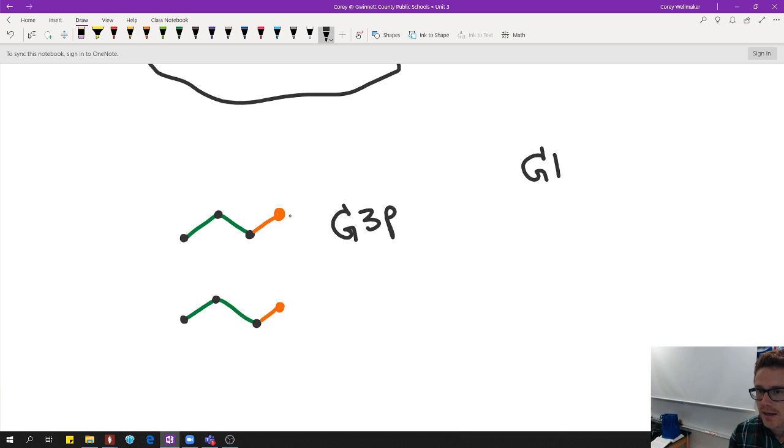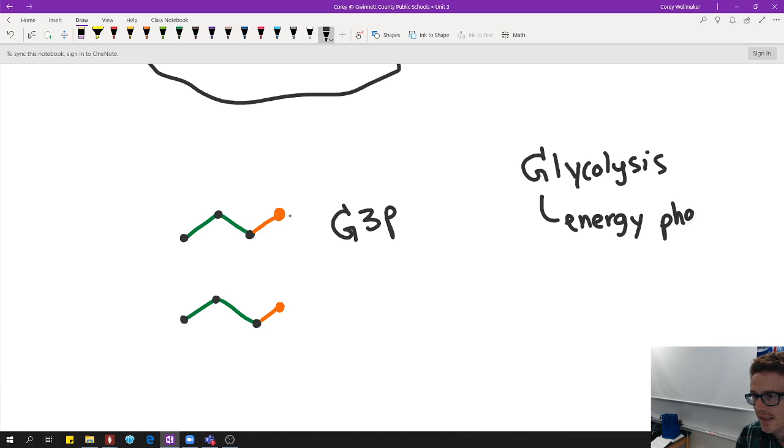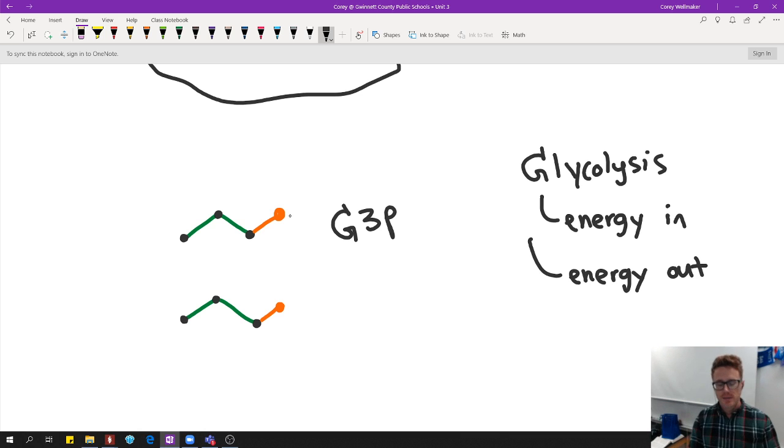So when you think of glycolysis, there is an energy in phase and there is an energy out phase. So the energy in is the initial energy that has to be invested into glucose to make it unstable and reactive.